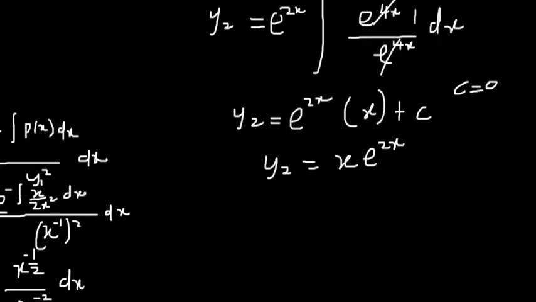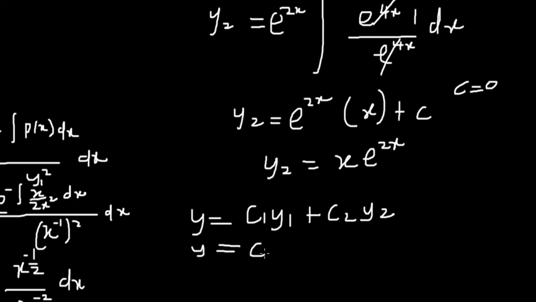Right, so these are solutions. Then we write the general form of the homogeneous expression. So we have c1 y1 plus c2 y2, which is equal to c1 times y1, which was e exponent 2x, plus c2. Again, we don't write the coefficients, because c2 is already the coefficient.